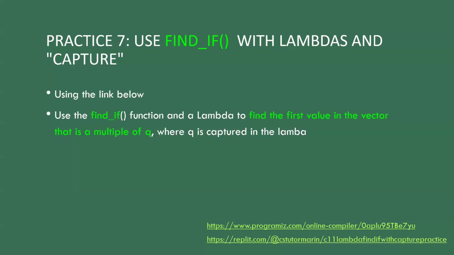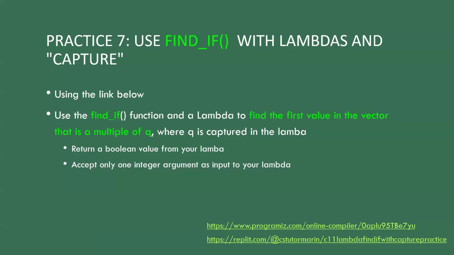So our lambda is a little mini function that is looking for something. And if it finds what it's looking for, it's going to probably return a true, right? So if it's what you want, return true. Otherwise, return false. And it only can accept one integer, but we could try to pass in some capture as Q, right? If we want to specialize the functions.